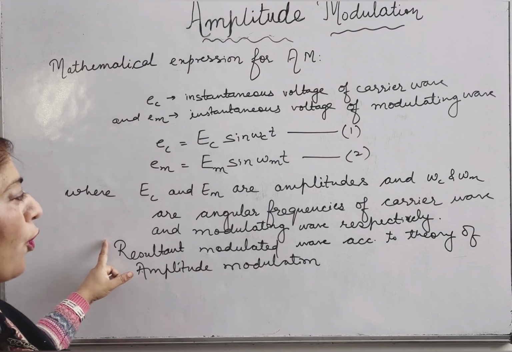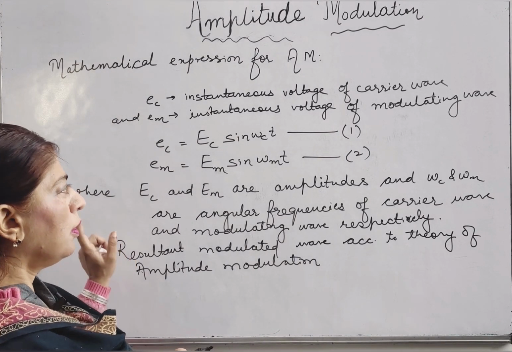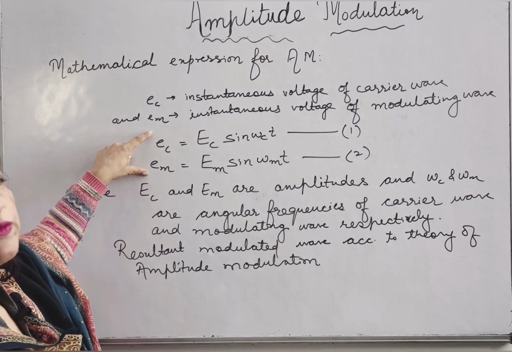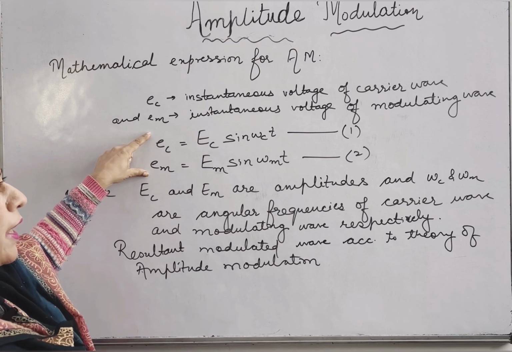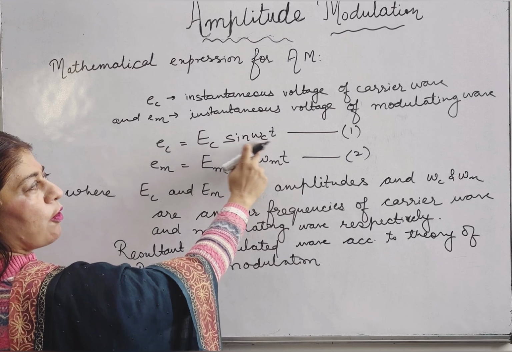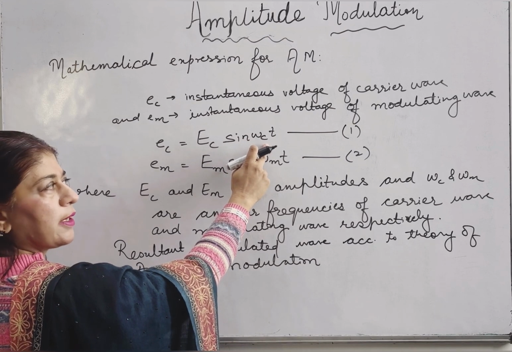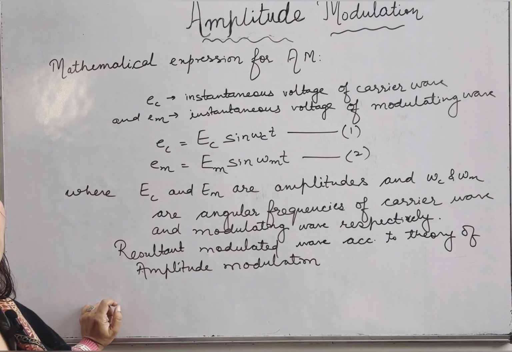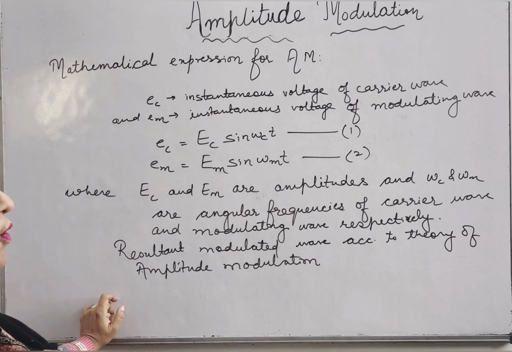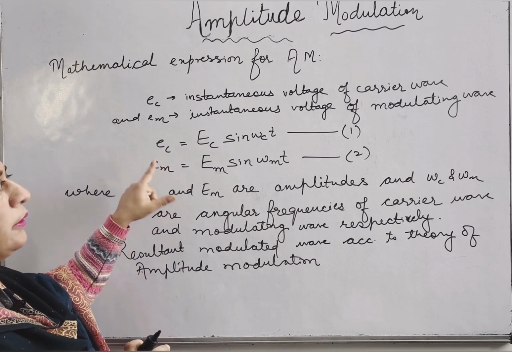Now, the resultant modulated wave, by superimposing these two waves according to the amplitude modulation, will be such that the angular frequency of the carrier wave remains omega c in the resultant wave. Only the amplitude of this wave will be varying according to the modulating wave.